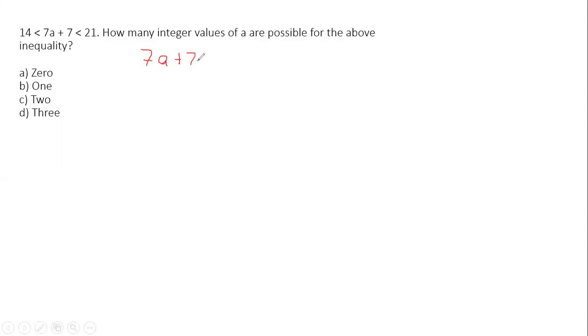The easier way to solve this, rather than solving both inequalities together, is to break them into two parts. I know that 7a plus 7 will definitely be more than 14, and 7a plus 7 will also be less than 21. I will solve both inequalities separately and then club the results in the end.